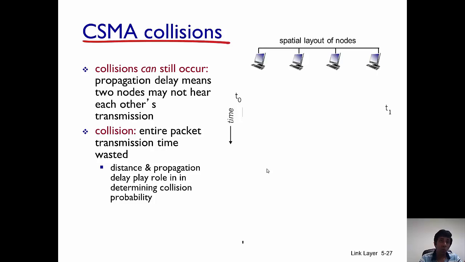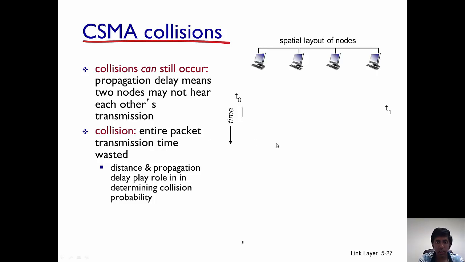What CSMA is trying to do is not transmit at the same time as an ongoing transmission. But this simple principle does not make sure that collisions will not occur. The main reason for that is that signals take a finite amount of time to propagate.